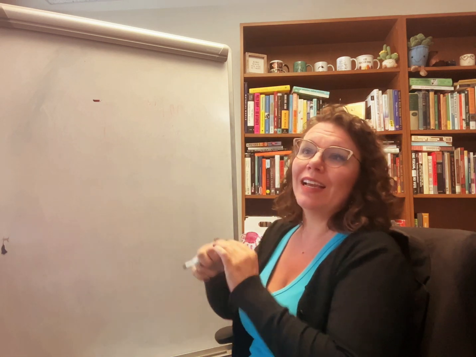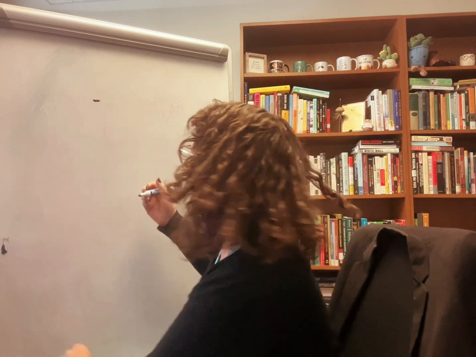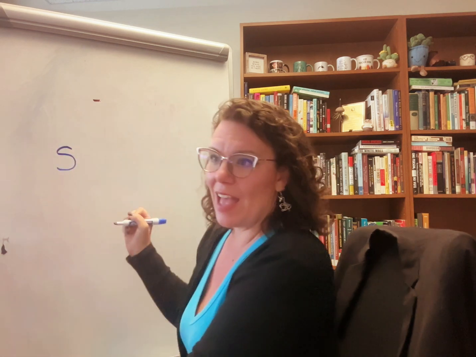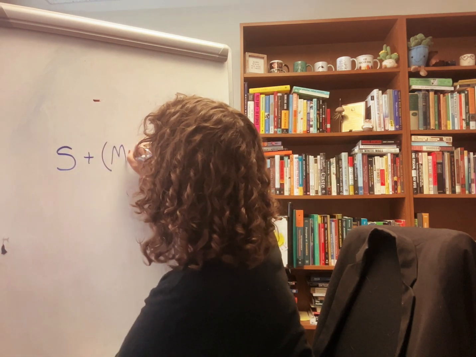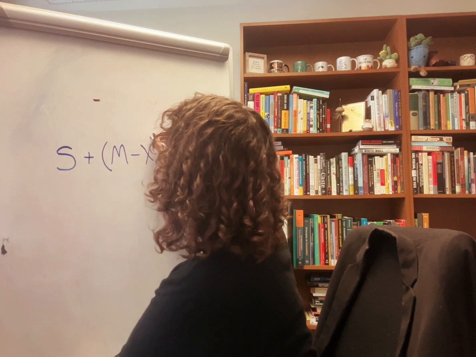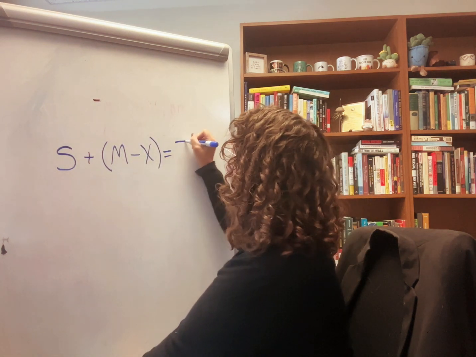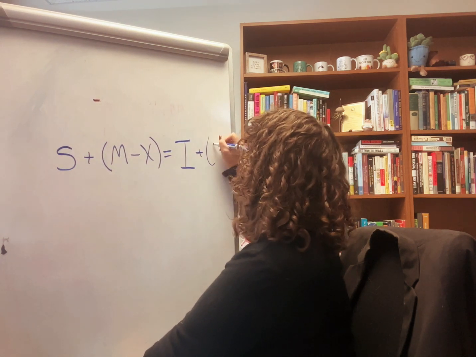And that's where this national savings and investment identity comes in and how it relates to international trade, capital flows, all of that. You'll see it in exchange rates too. And the idea there is that we have our private savings, S, plus our net exports equal to our investment dollars plus our government budget.